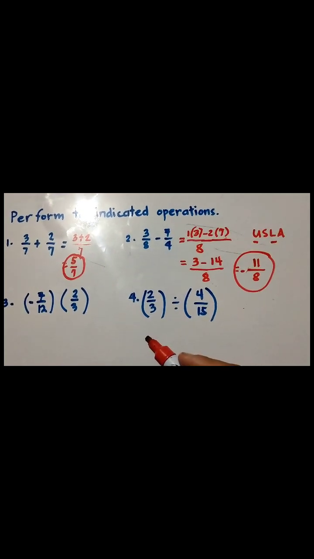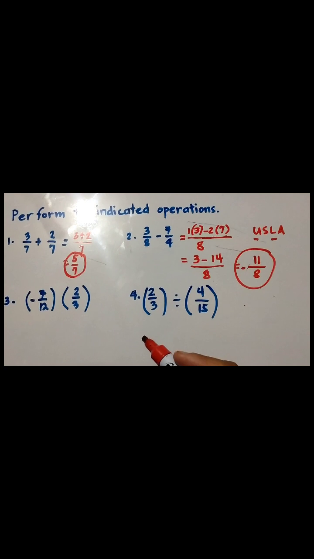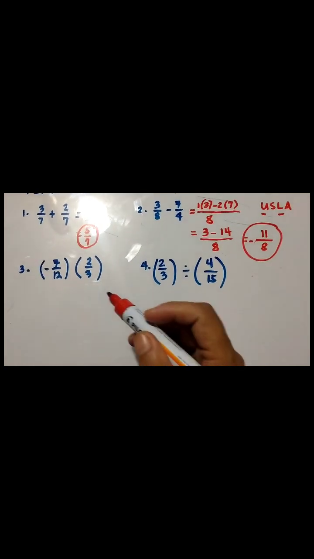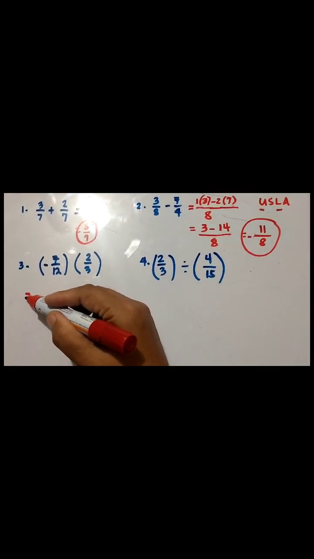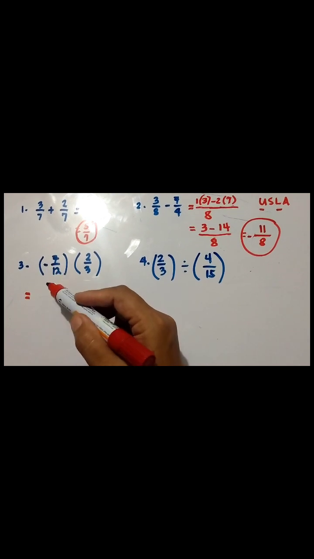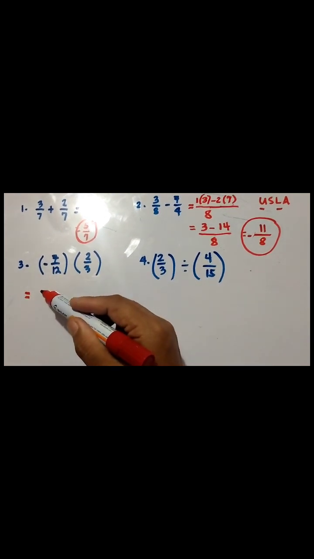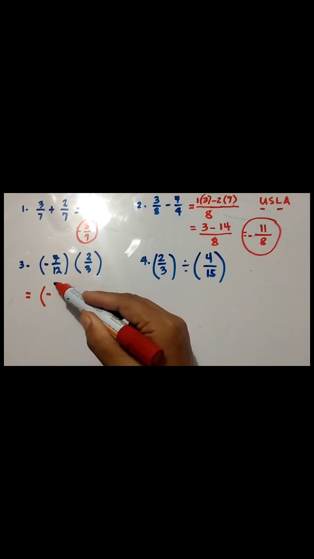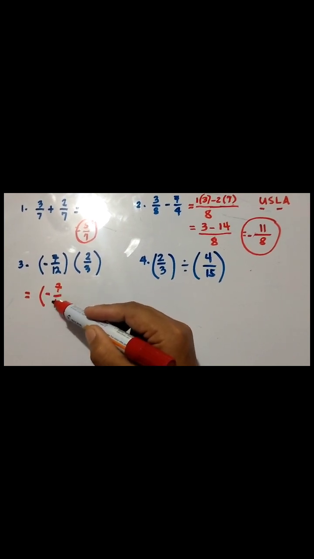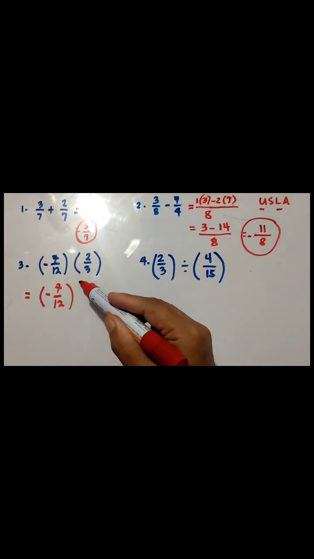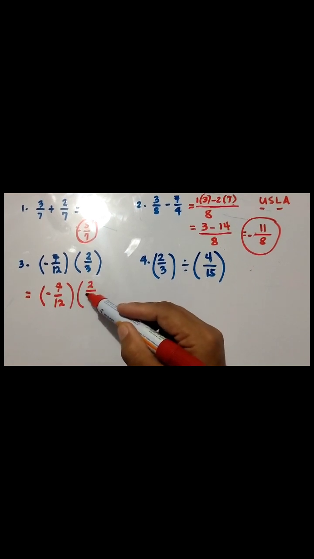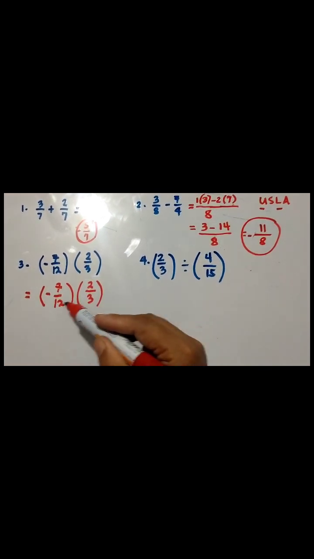Next, let's proceed to multiplication. So we have here negative 7/12 times 2/3. The idea is we multiply the two numerators over the product of the denominators.